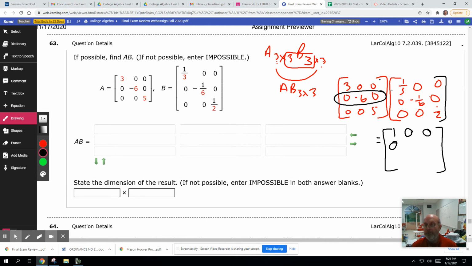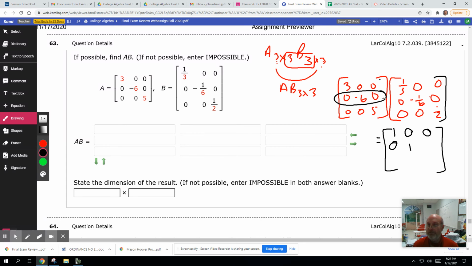Then we're going to get 0 times 0, which is 0, negative 6 times negative 1/6, which is 1, plus 0 times 0, which is 0. So 0 plus 1 plus 0 makes 1 again.